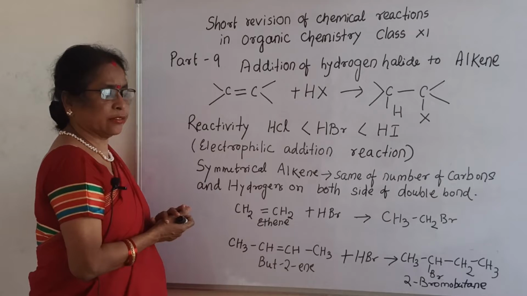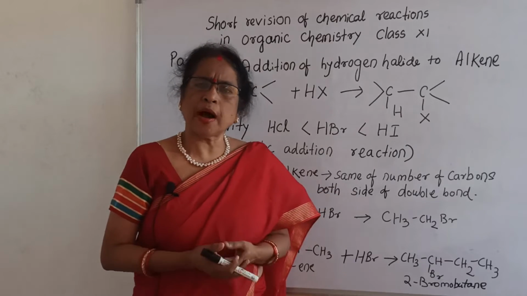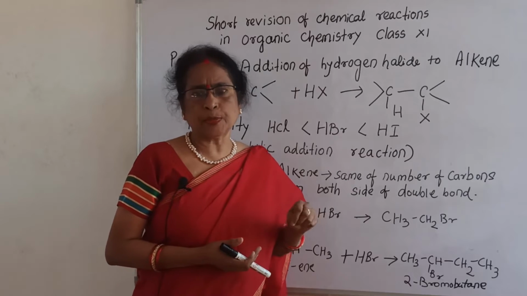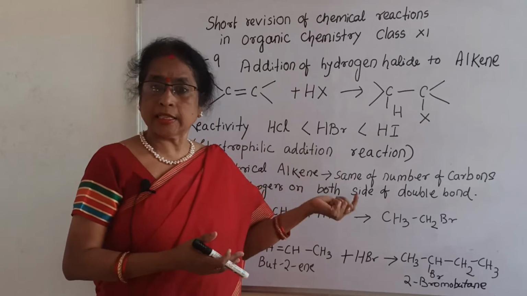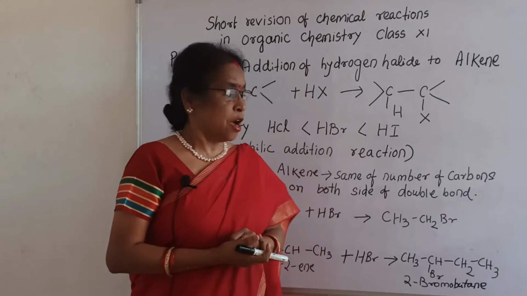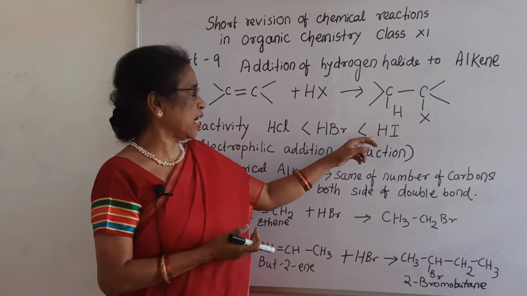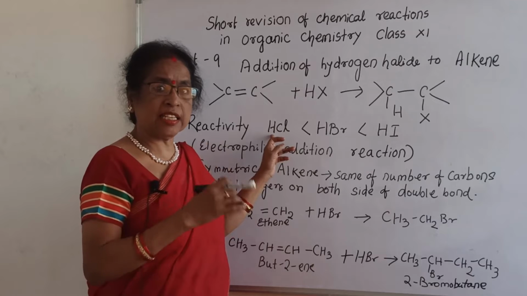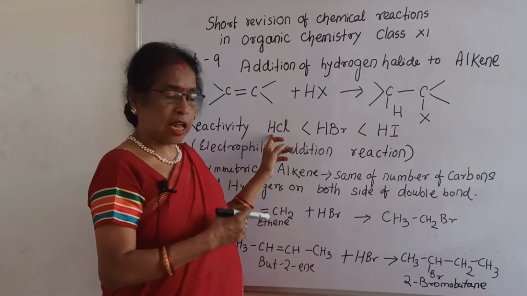Now reactivity. You know there are many types of hydrogen halides: HCl hydrogen chloride, HBr hydrogen bromide, HI hydrogen iodide. Here the reactivity of HI is more than HBr, and more than HCl. That means HCl is less reactive towards the alkene.